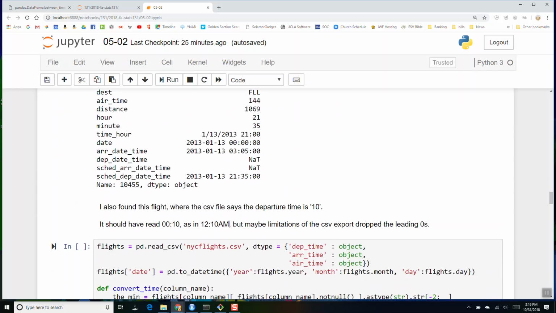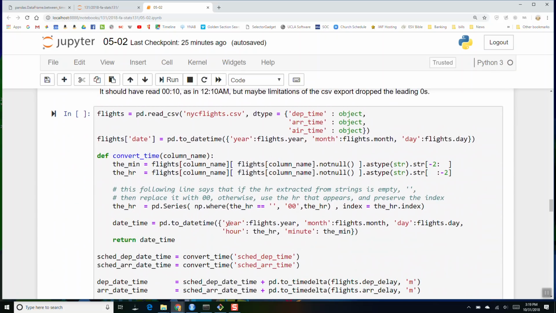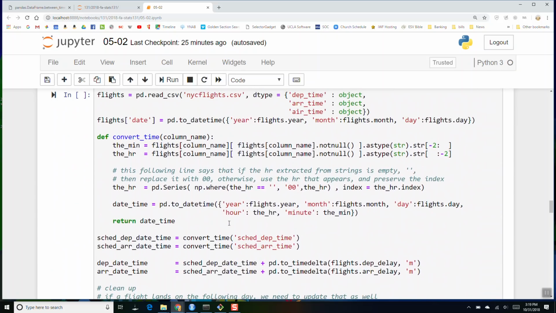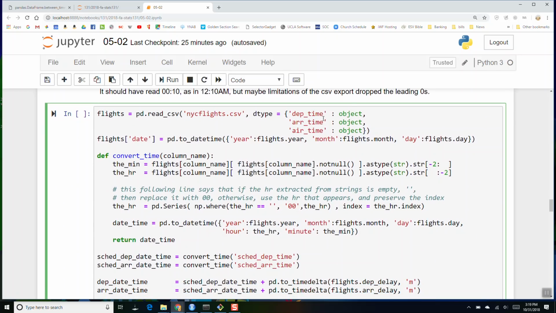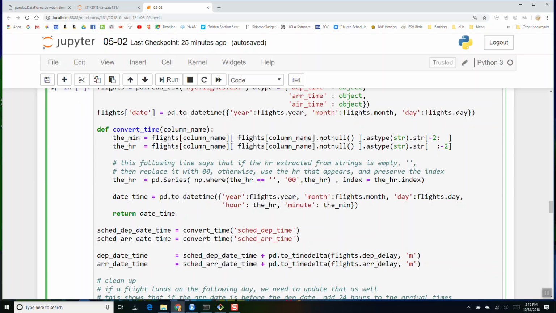I don't know if this totally works, but we'll see. All right, so I kept all of this the same in the beginning, and I left some of the things. I reduced this so only a few things are being strings, and then I pulled out the hour by saying pull everything but the last two characters, and then I use np.where.